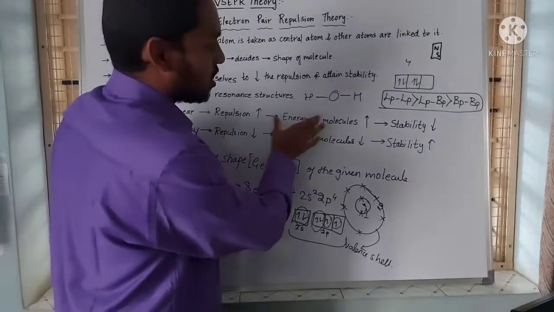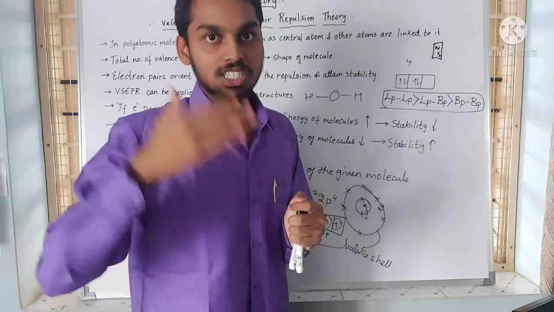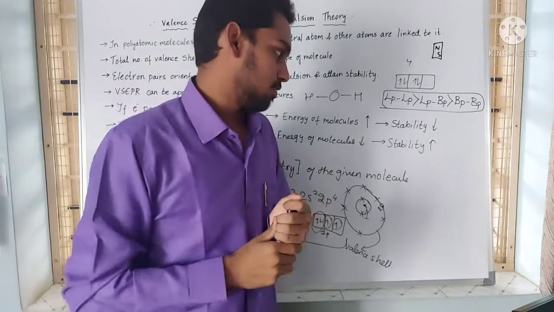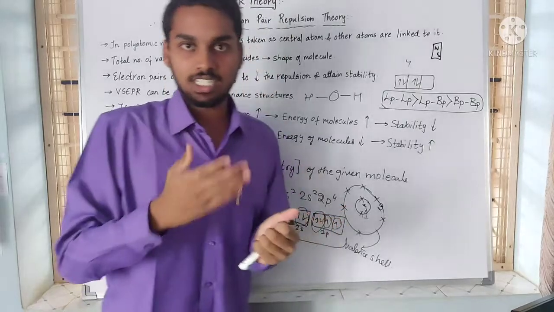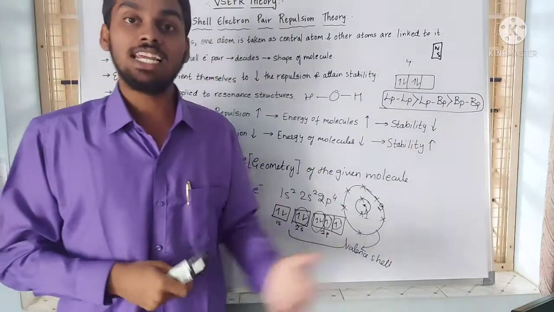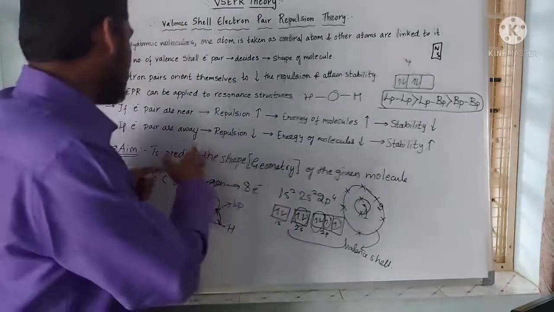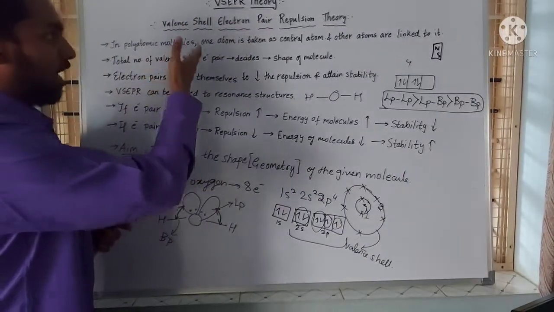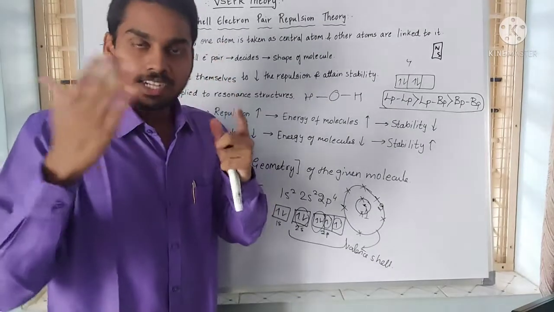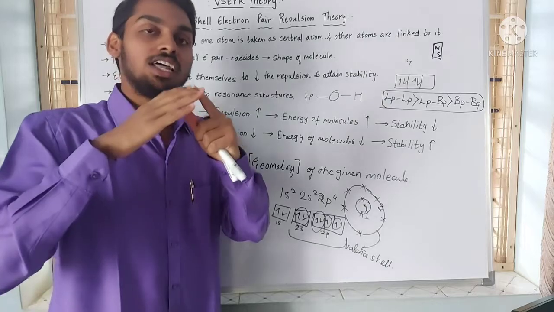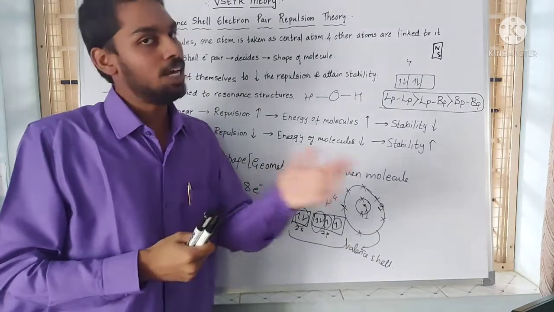Once the repulsion increases, there will be an energy increase in the molecule. If there is an increase in the repulsion, the energy of the molecule gets excited. Once the energy of the molecule increases, it becomes highly unstable. Hence, the stability decreases. Thus, these valency shell electron pairs try to orient themselves in such a manner that there will be least repulsion, and hence the stability of the molecule can be attained.